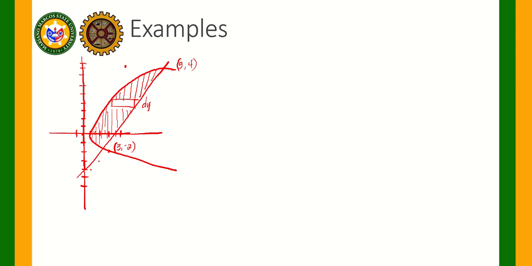And ito yung magiging X sub R natin. Okay, because it touches the right side of our strip, and this is X sub L. Okay, so the area for this one is equal to the integral of X sub R minus X sub L dy limits from y sub 1 to y sub 2.